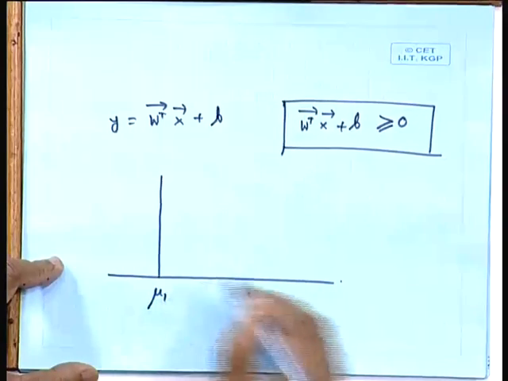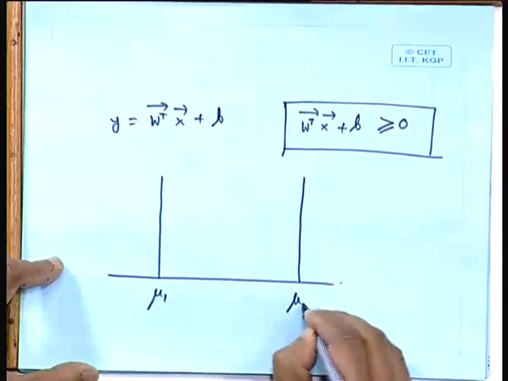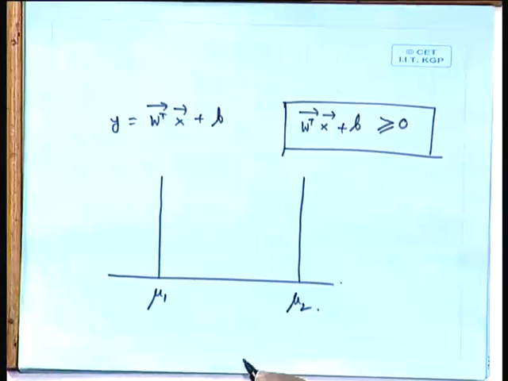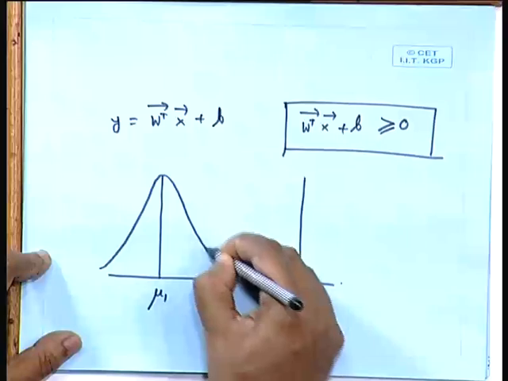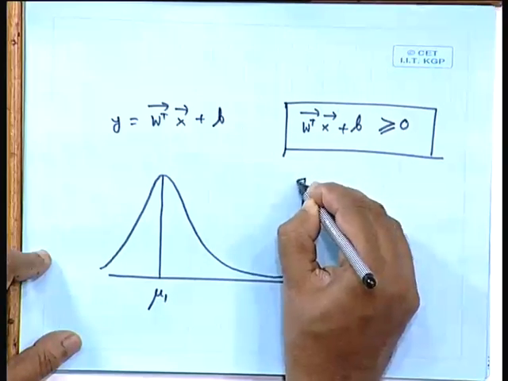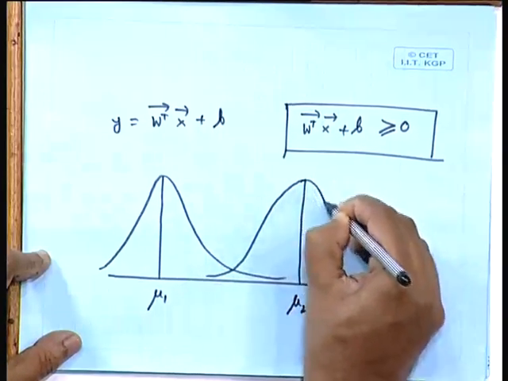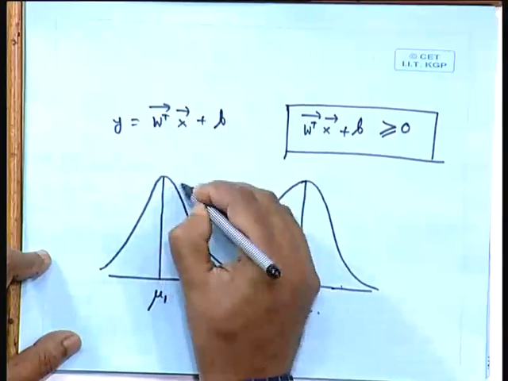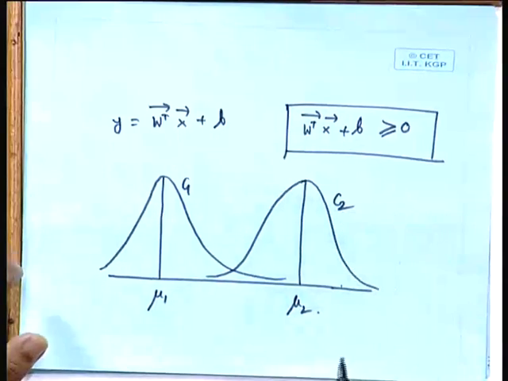So, here let us say that this is mu1 and this is mu2, widely separated, and also I assume that as compared to their distance of separation mu2 minus mu1, their variance is also of relatively smaller magnitude. Even then the distribution could be plotted something like this. If this is the kind of distributions that we have got, this being the distribution of class C1 and this being the distribution for class C2, they are in strict sense not at all separated.